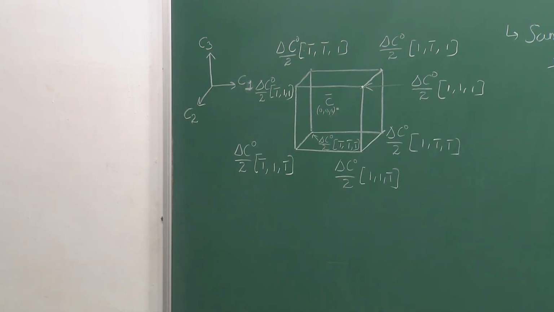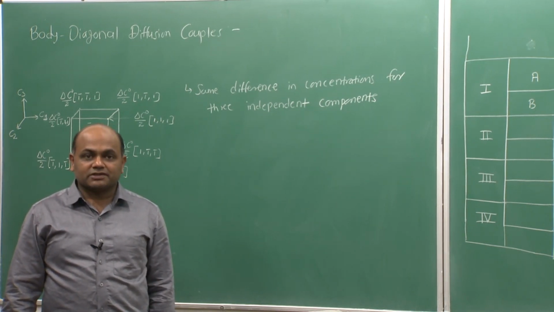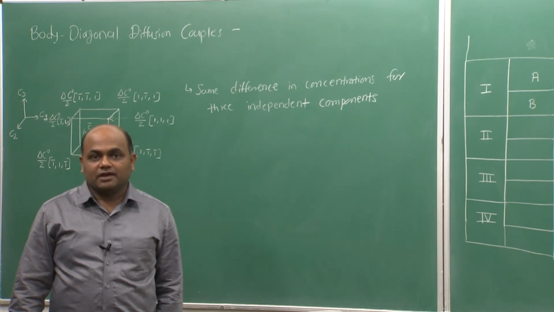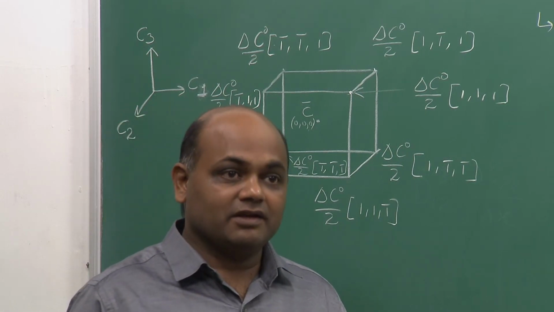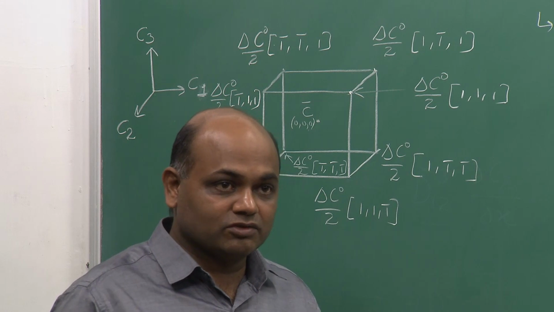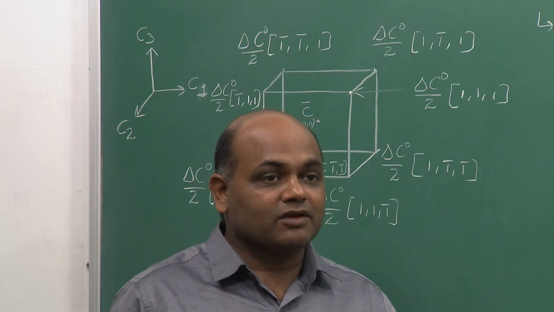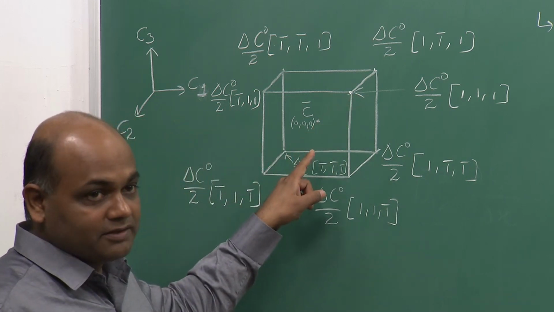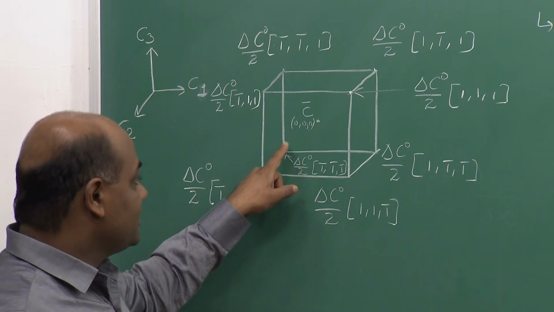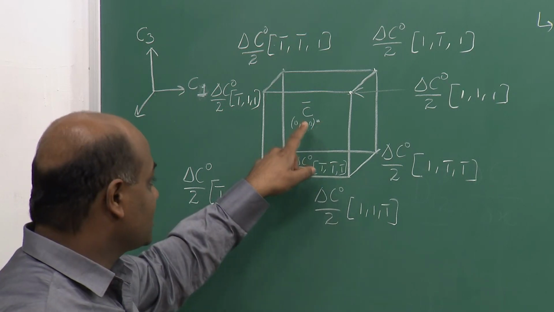So, if we write those compositions, now the question is why it is important to select the terminal alloy concentration from the 2 ends of a body diagonal, because if delta C is very small, then we expect the interdiffusivity matrix to be more or less constant throughout the diffusion zone, and if the interdiffusion coefficients are constant, then the diffusion path is symmetric, which means for any of these body diagonal couples, the diffusion path will intersect the body diagonal exactly at the body center position, that is exactly at C bar.